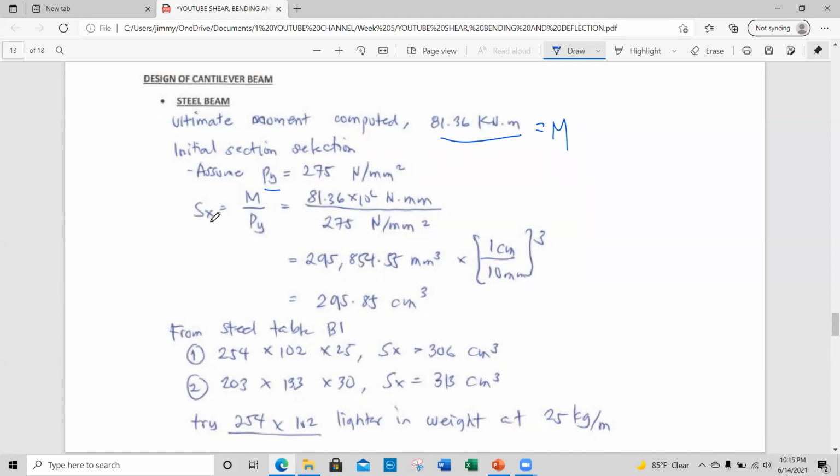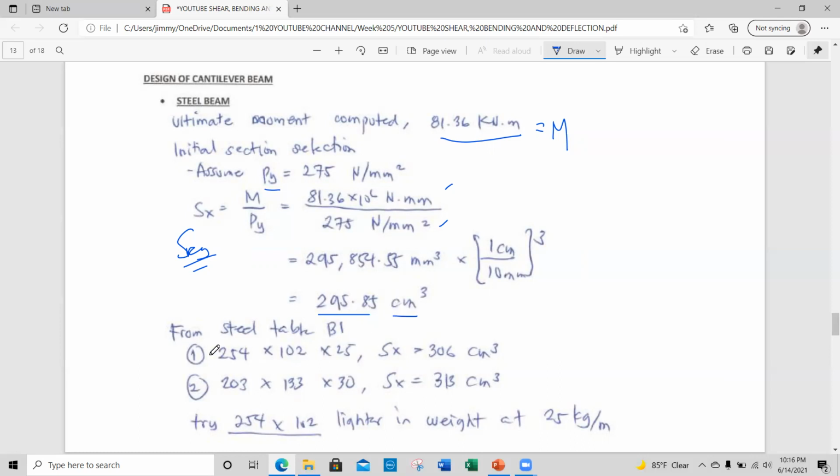The required S is just equal to this moment divided by the design strength of steel, with the conversion for us to get centimeter to the power of 3 as given in the table. We have to get at least 295 or more to make it safe. So the requirement is 295.85, so we will look for a bigger value than this.